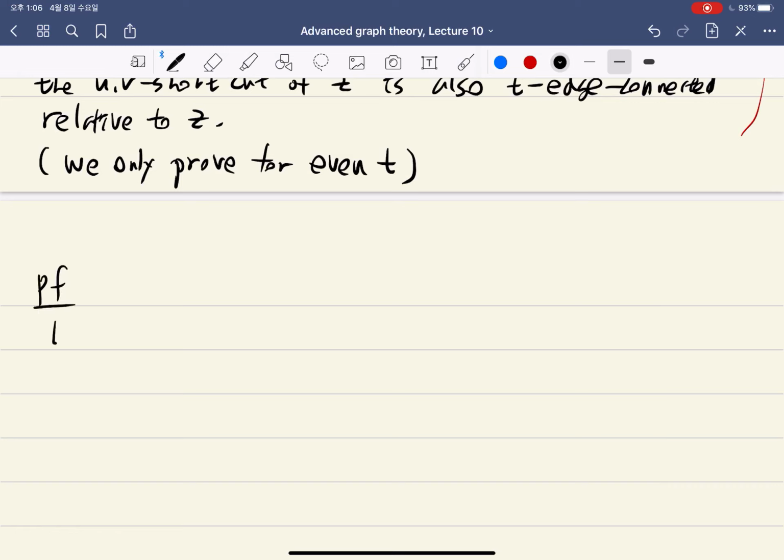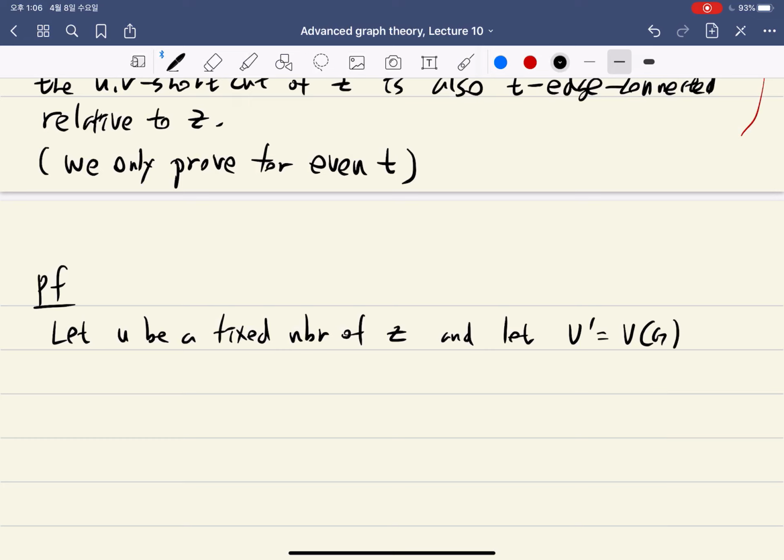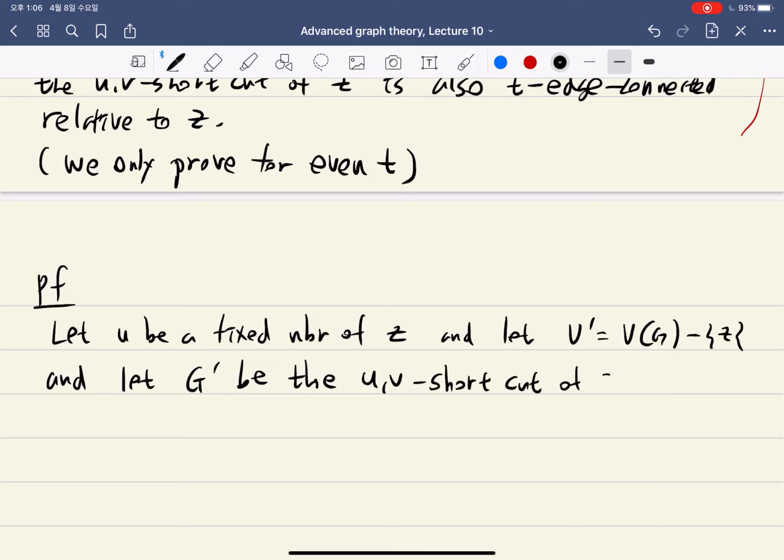So let U be a fixed neighbor of G, and let B prime be the vertices other than G, and let G prime be the UV shortcut of G for some choice of B.